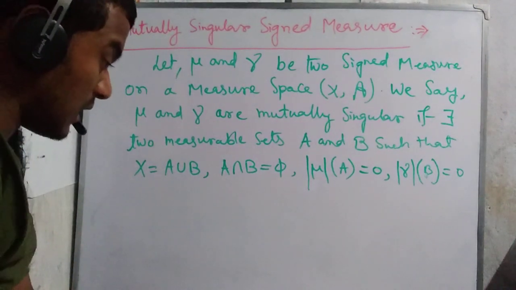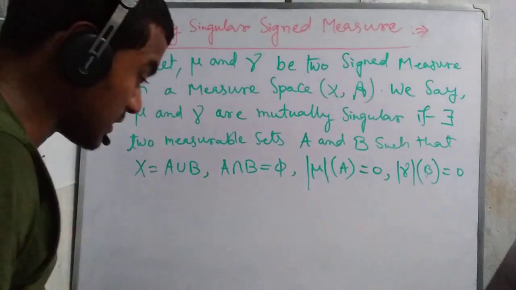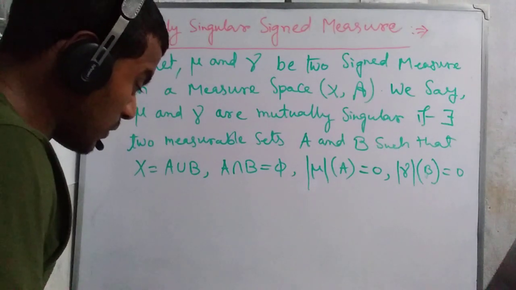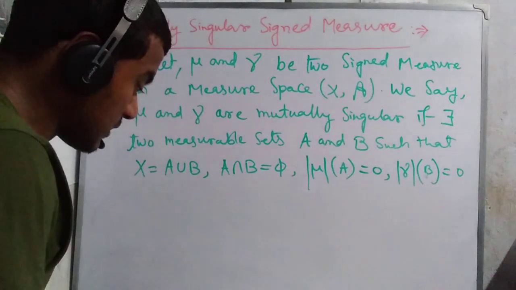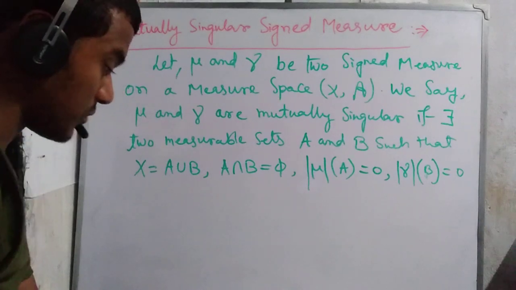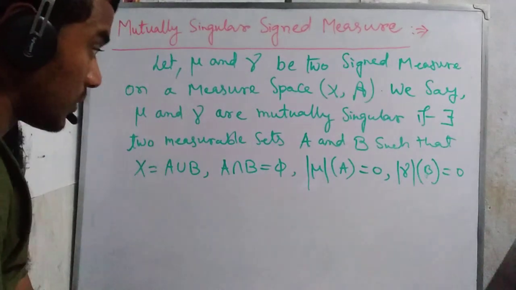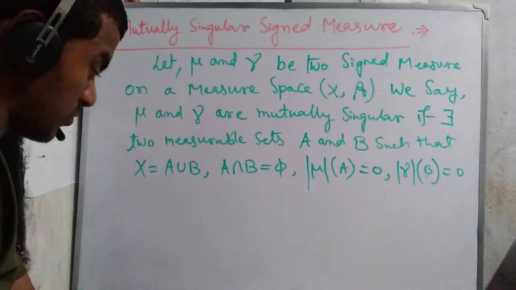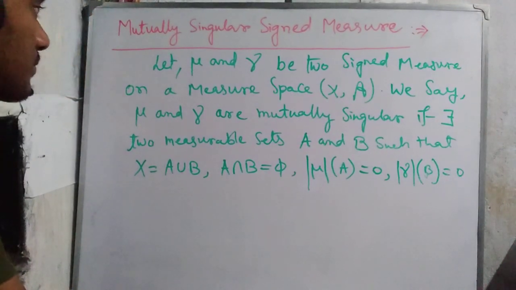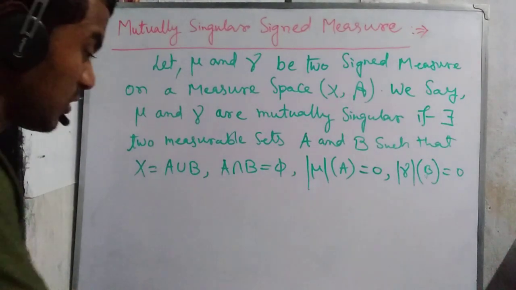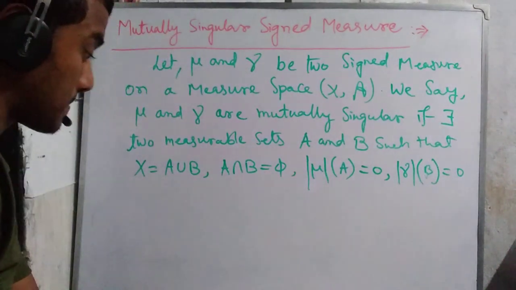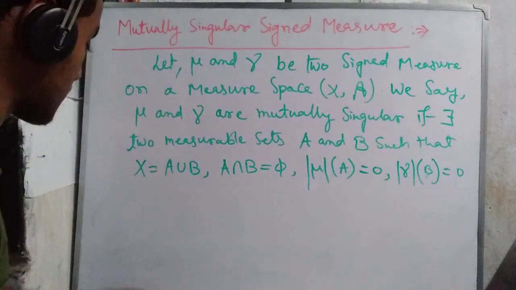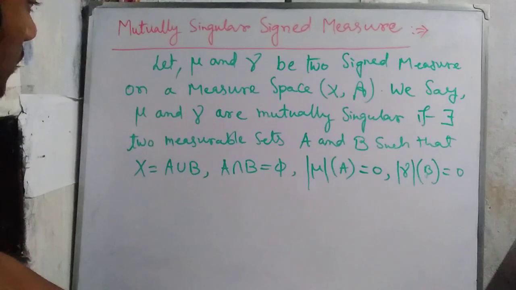That means in mutually singular measure, mu of A is 0, and here mod of mu means the total variation for mu, and the total variation for gamma of B is 0. So what happened here? Here we discuss some examples about that.